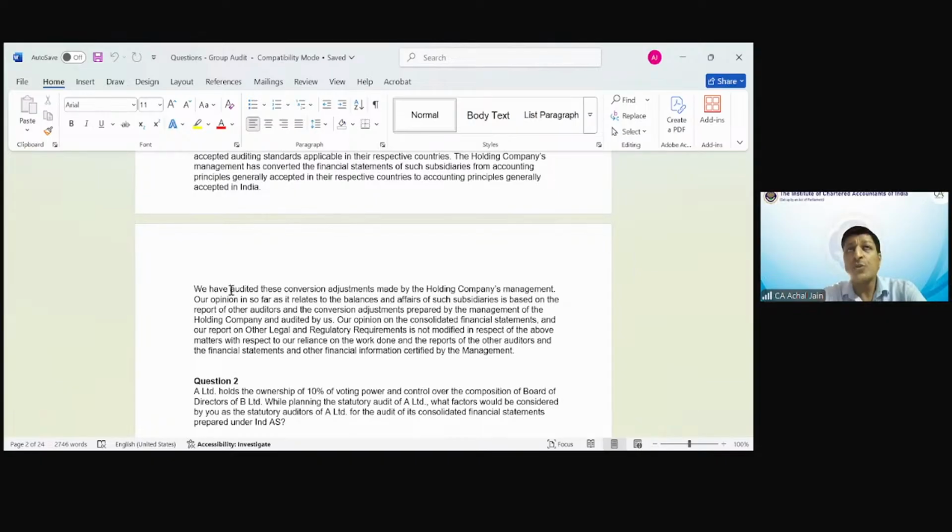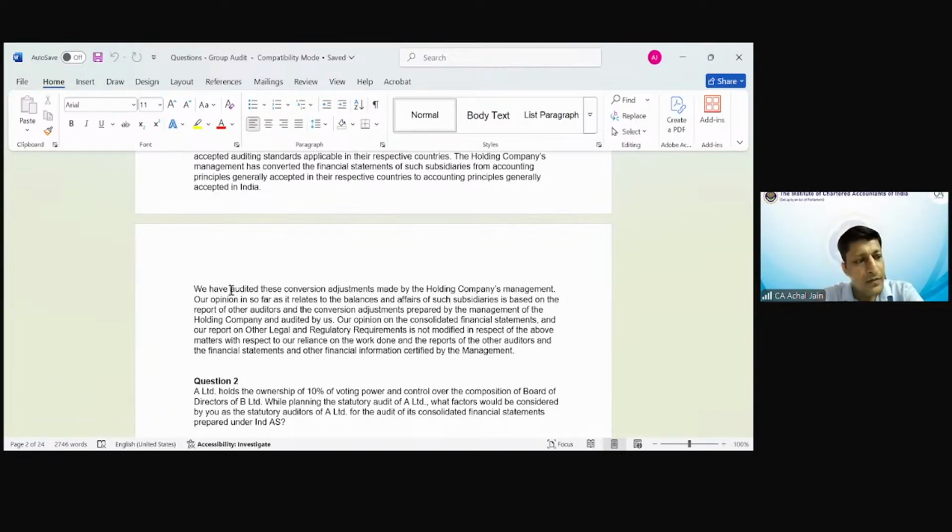If you were to answer this question in the exam, maybe not elaborate, but help me with the pointers which you will plan to include in your solution? Then we need to check the harmonization of accounting policies, elimination of unrealized profit. Then if it is a foreign subsidiary, we need to check the foreign currency adjustment.